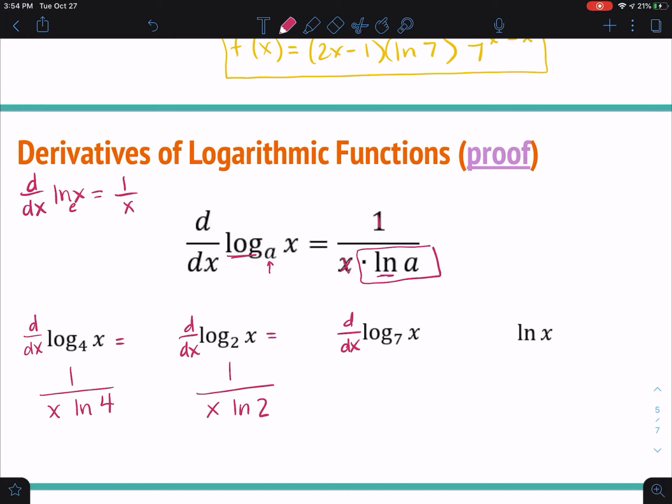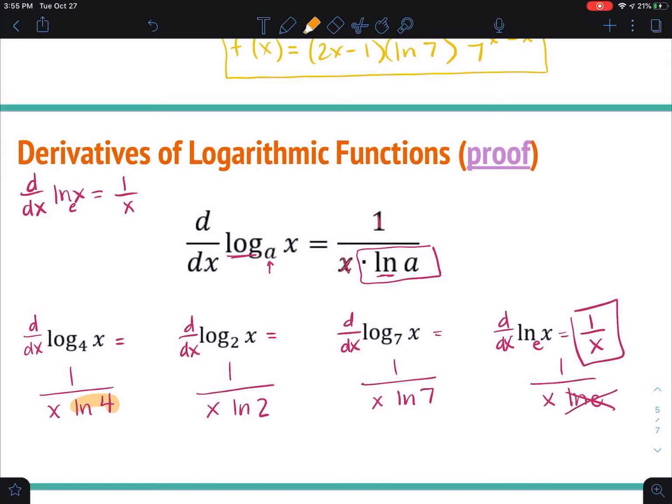The derivative of this one is going to be 1 over x ln of 7. And then for ln of x, if I do the derivative of that, remember this is really a base of e, that's going to be 1 over x ln of e. And we just went over a second ago that ln of e is actually just 1. So that's where the 1 over x comes from when we talk about natural logs.